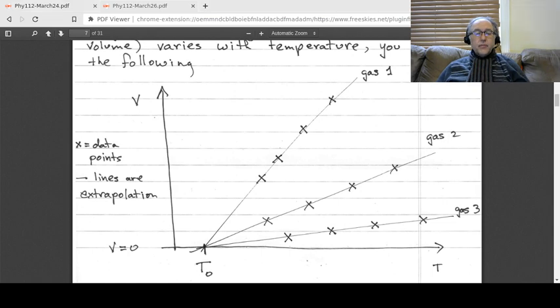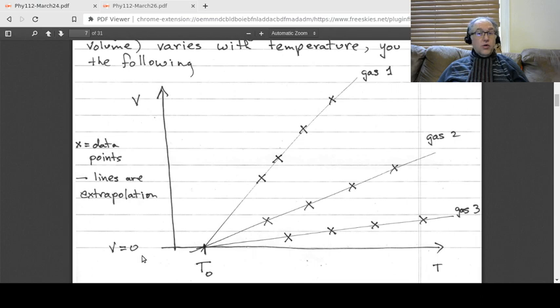What you're seeing on the vertical axis is the volume of the gas, and on the horizontal axis is the temperature.